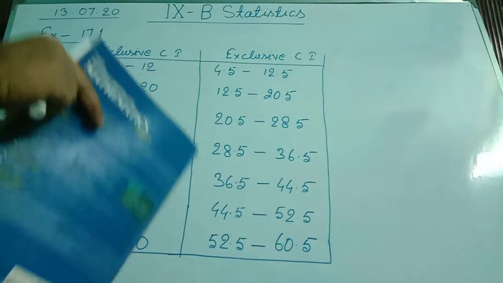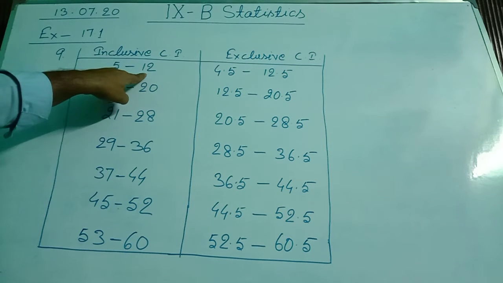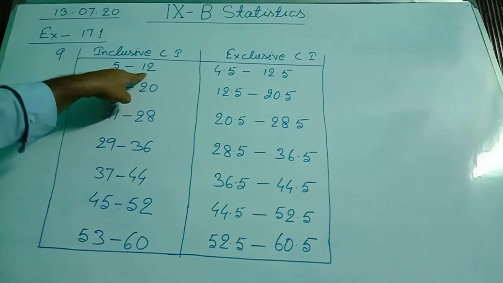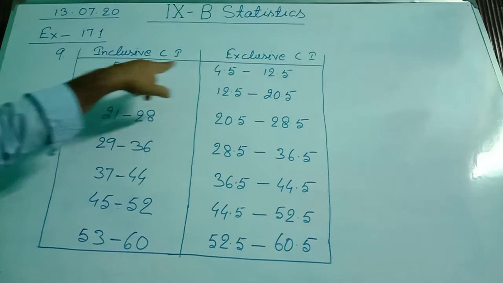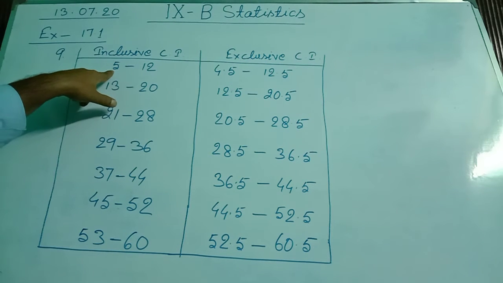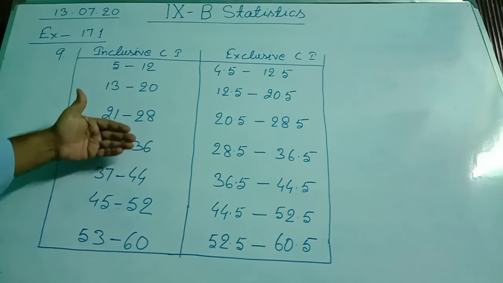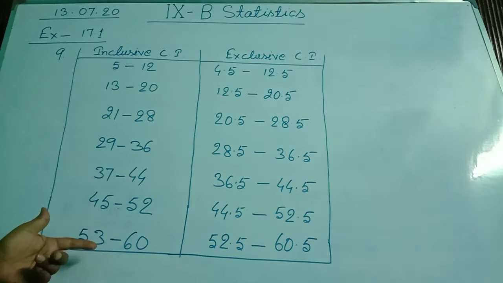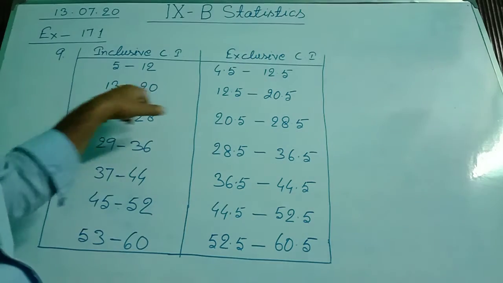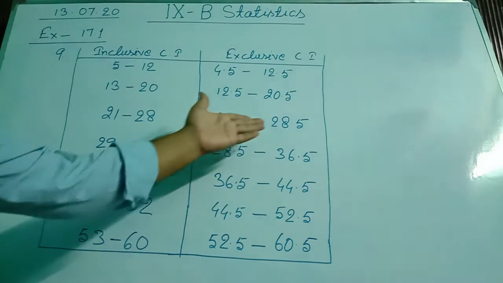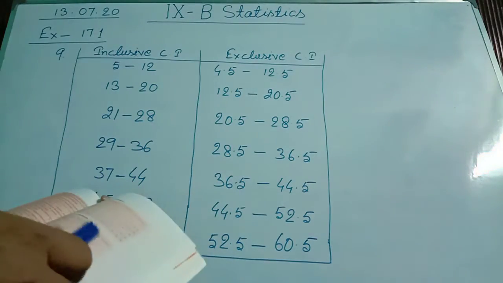For that, 0.5 is subtracted from the lower limit and 0.5 is added to the upper limit. So the first class interval will be changed into 4.5 to 12.5. The same process is followed for each class interval, and we get the exclusive class intervals as 4.5 to 12.5, 12.5 to 20.5, 20.5 to 28.5 and so on. Now we see the questions asked based on this data.